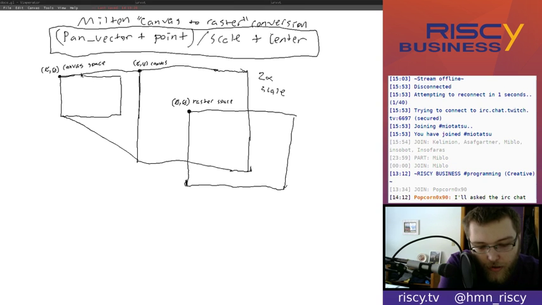So the canvas, of course, doesn't have a width and a height properly, but for the sake of this, I'm just drawing it as this finite image thing. But anyway, this point right here we're going to call P, and I think that refers to this right here.